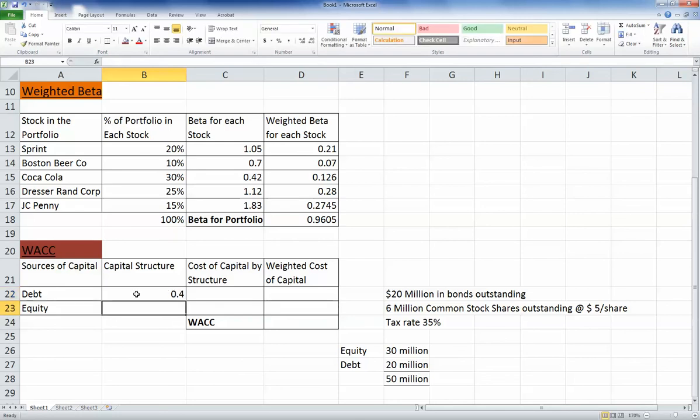So it should be 0.4, and for equity, we're going to do the 30 million divided by the 50 million, and we're going to get 0.6. Okay, so that is our capital structure. That's all you have to do.